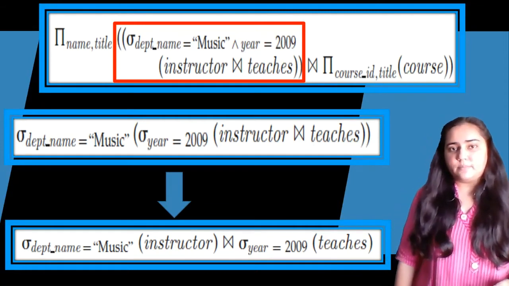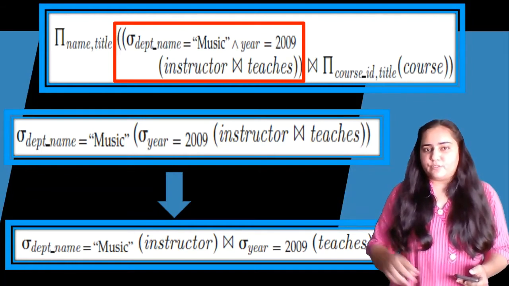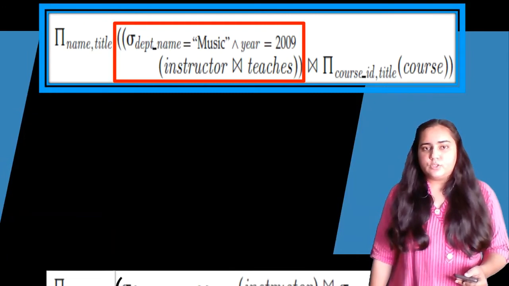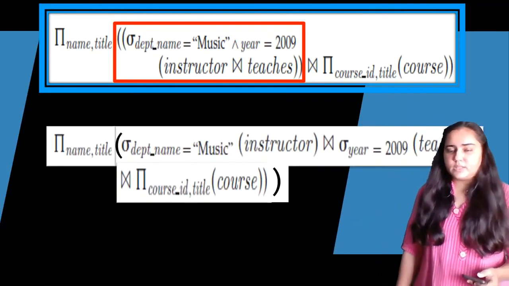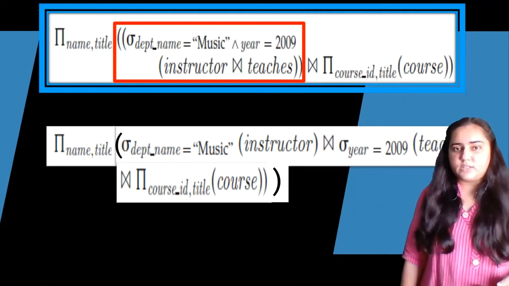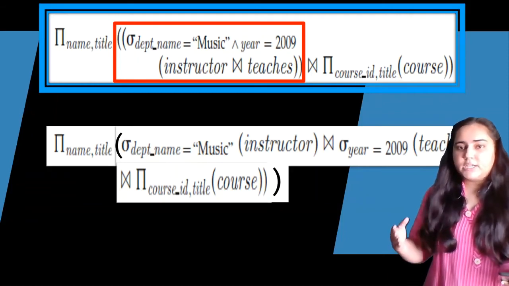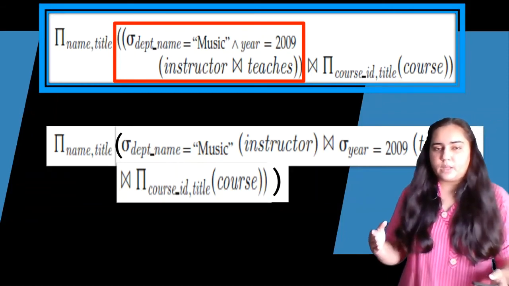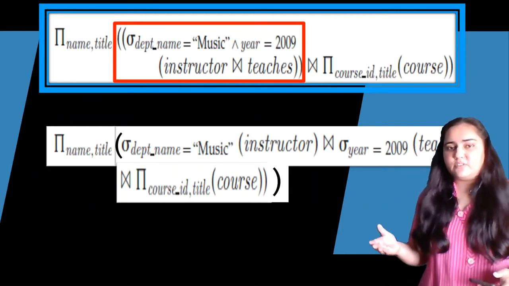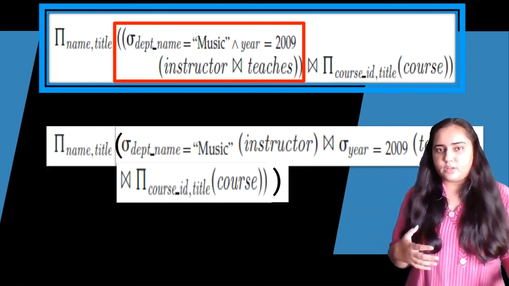Now, once this is ready, I can modify my previous query, where I modified only a part, the red part. I can change that now. So the query would look like this now. You can see here in the query, there is a pi name comma title, which remains as it is. But you can see there are separate conditions applied to each and every table. For example, to the course table, I have applied a pi condition where I'm taking course ID and title from the course.